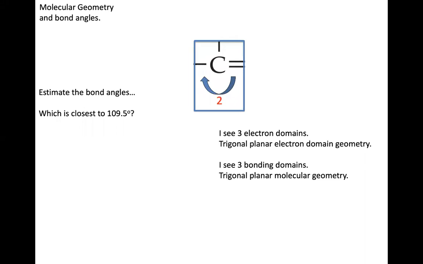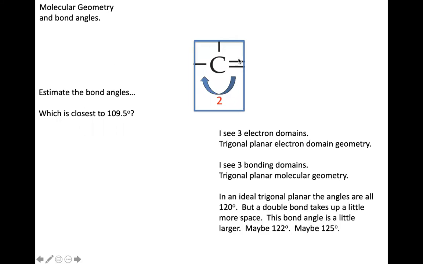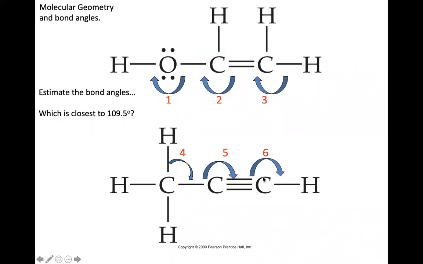However, one of them is a double bond, which takes up a little bit more space. So instead of all being 120, this angle is going to be a little bit bigger. Maybe it's 122, 123, 124. I don't need to know the specific value, but I know it's going to be a little bigger than 120.